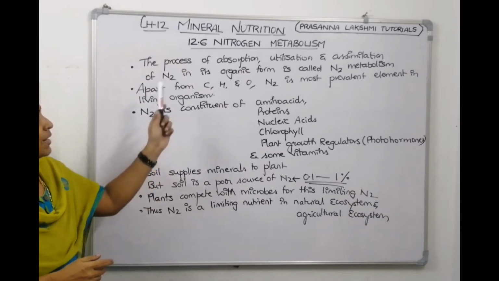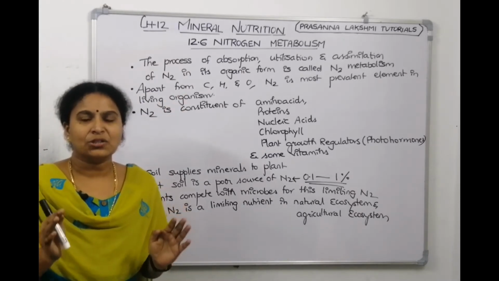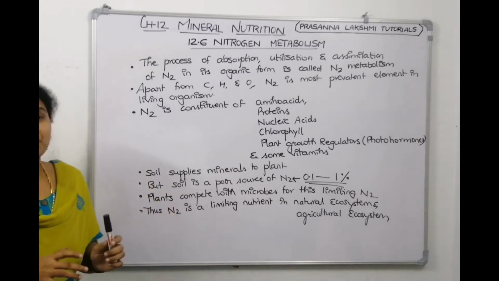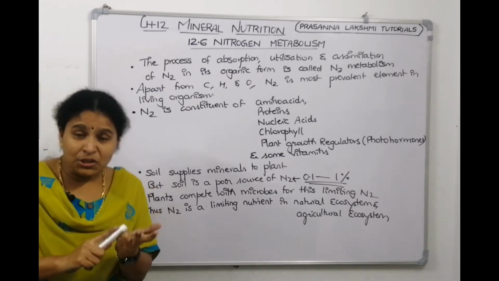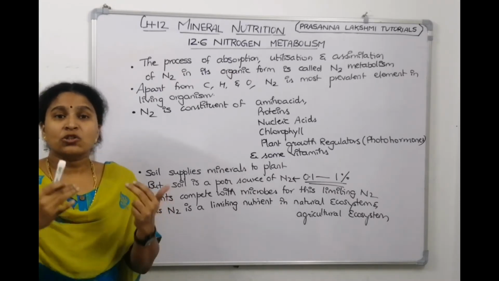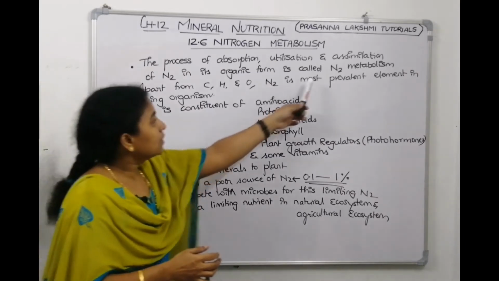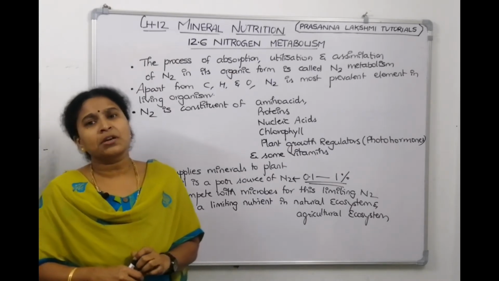Now we started nitrogen metabolism. What is metabolism? All the chemical reactions are called metabolic reactions. Now the process of absorption of nitrogen, utilization of nitrogen, assimilation, and storage of nitrogen in organic form is called nitrogen metabolism. Is nitrogen a macronutrient or micronutrient?